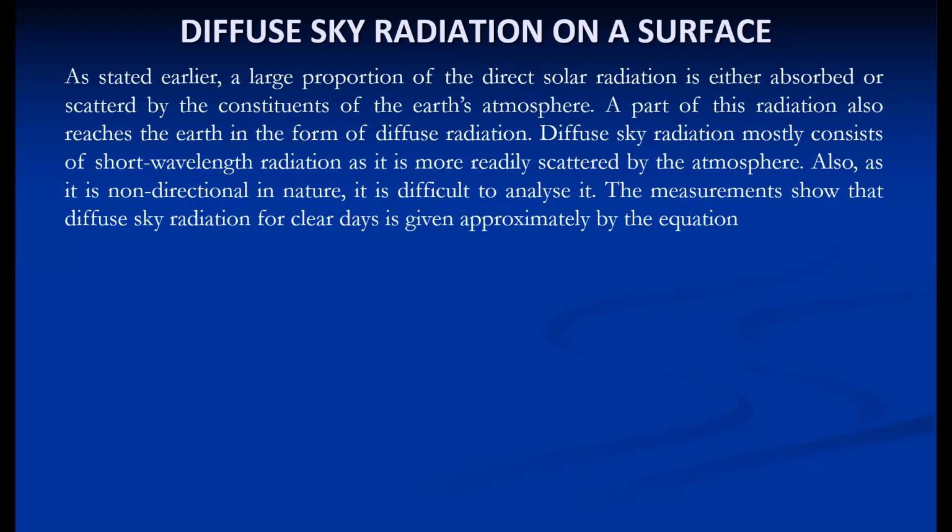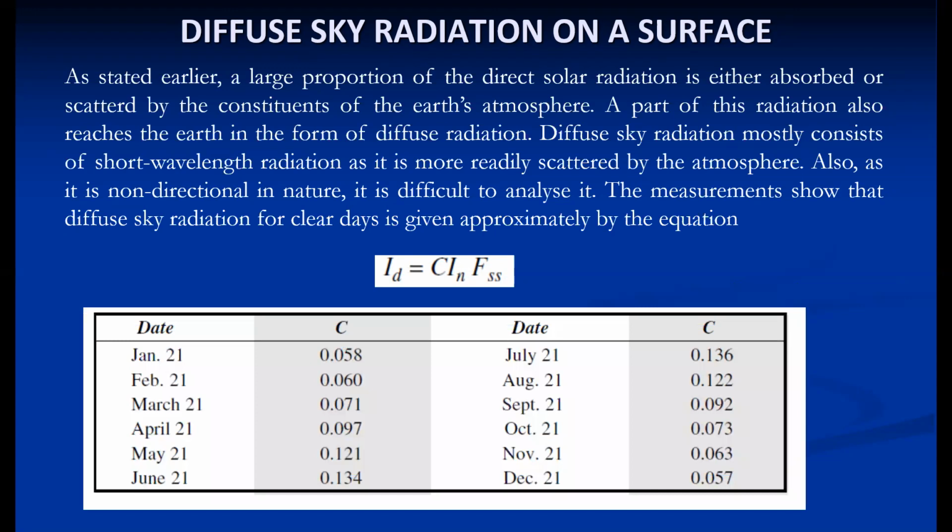The measurements show that the diffuse sky radiation for clear days is given approximately by the equation I_d equals C I_on F_ss. F_ss is one factor and C is a coefficient of diffuse radiation, and it also varies with the days.